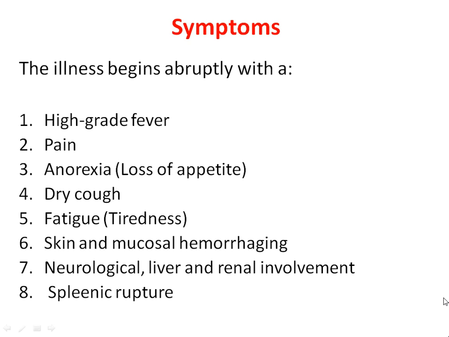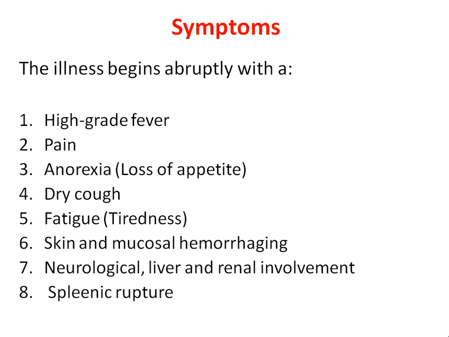The symptoms: the illness begins abruptly, that is suddenly, with a high-grade fever, heavy body pain, anorexia, that is loss of appetite. You feel hungry, but when you go to eat, the food does not go down; that is what is called loss of appetite.